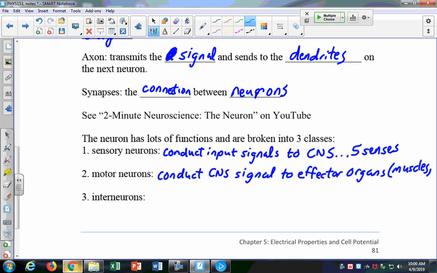But also glands too, and other body systems. It's not just voluntary things, but it's involuntary things too. So like if you're sick, it'll send a signal to your brain, it'll integrate that, and then it'll send it back to raise your body temperature, change sort of the chemistry of your body to help combat whatever's ailing you. And then interneurons are sort of in between sensory and motor neurons.